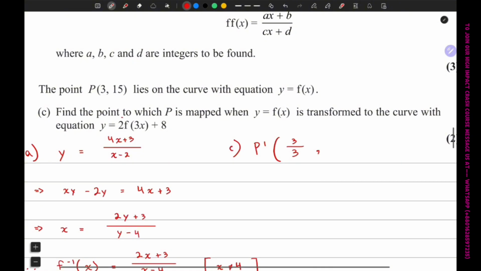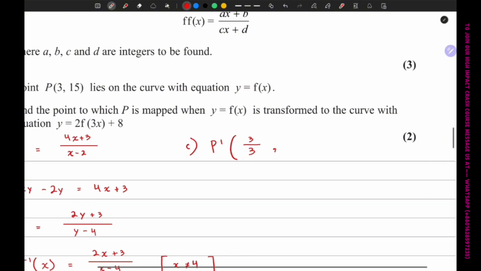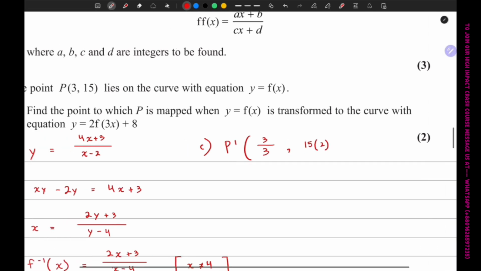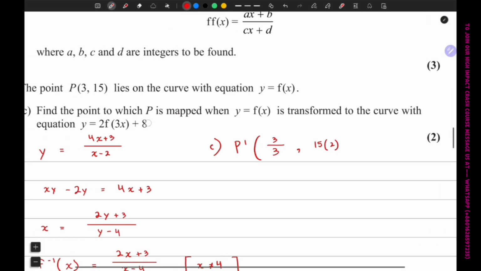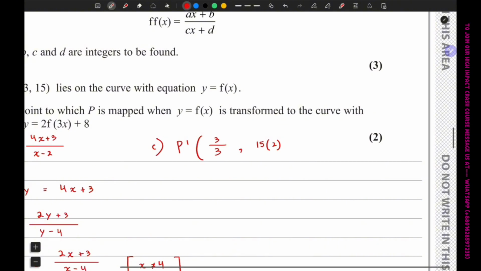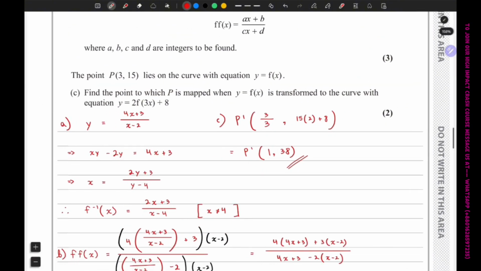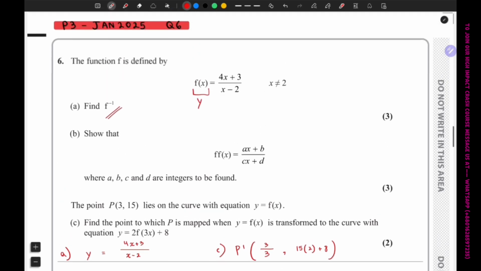And then there's a 2 at the front, which means that the y coordinate is multiplied by 2. And there's a plus 8, which means that 8 is added to the y coordinate. So this can be written as (1, 38). So this is the coordinate they want you to find out. So that is the answer for part C.